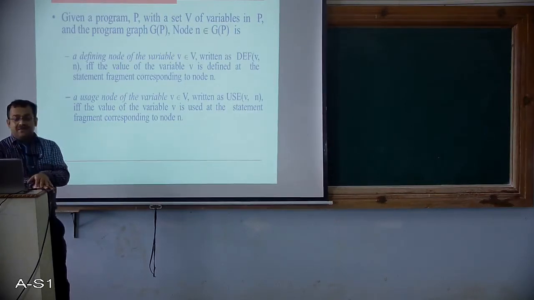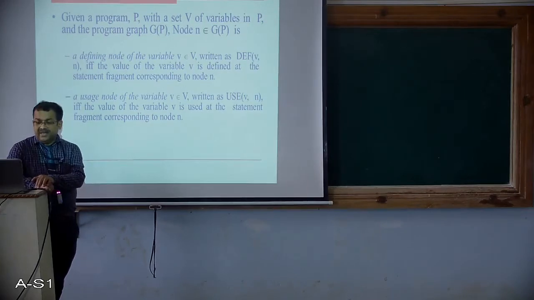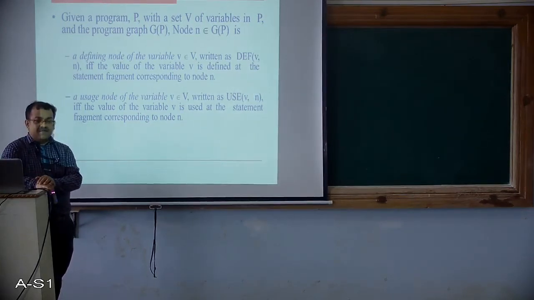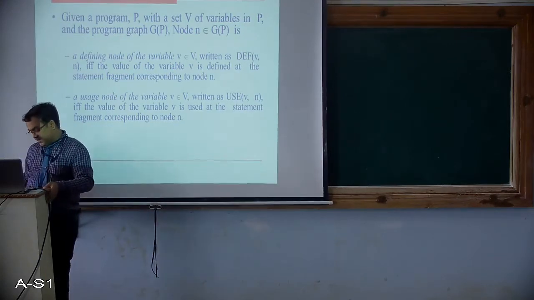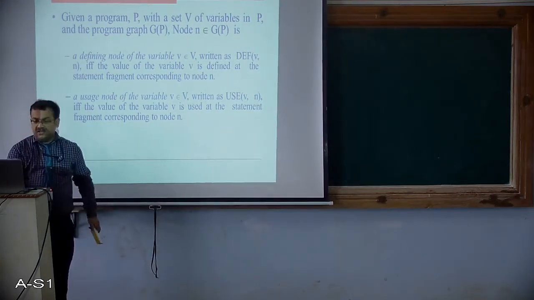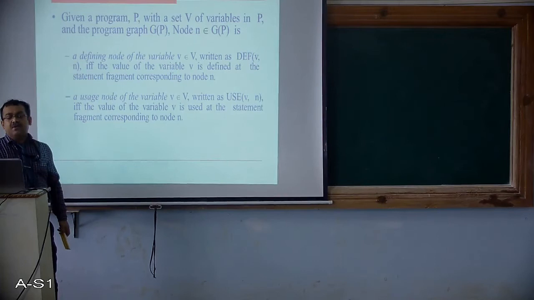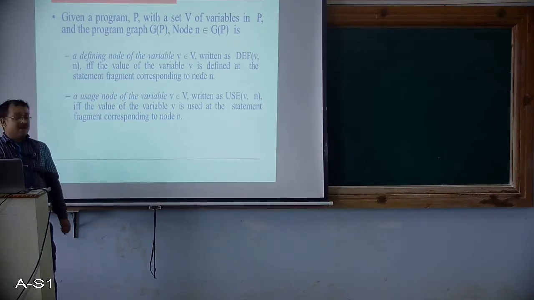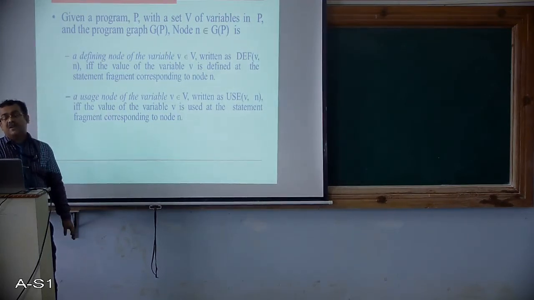The first basic definition is, given a program P and a set of variables V, and a graph which is identified by G(P), then for every node that belongs to G(P).